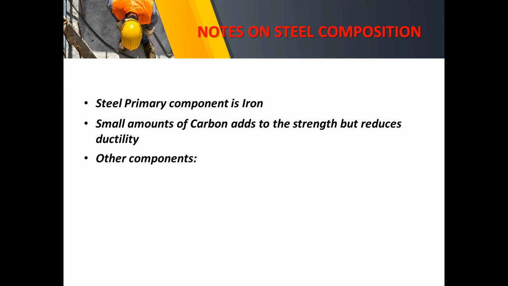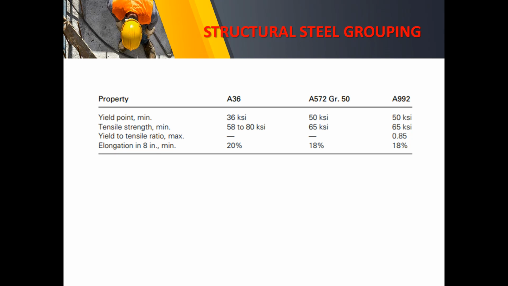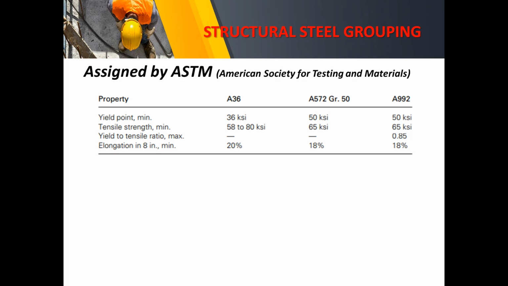Other components are copper, manganese, nickel, chromium, molybdenum, and silicon. The ASTM, or the American Society for Testing and Materials, provides various properties of various grades of structural steel. This will be the grouping.